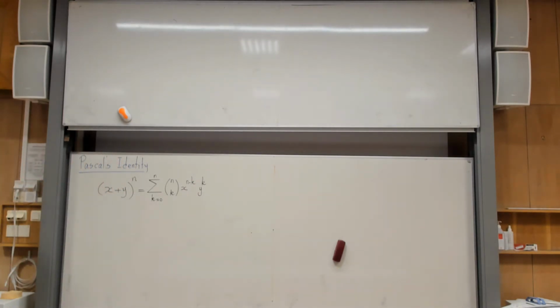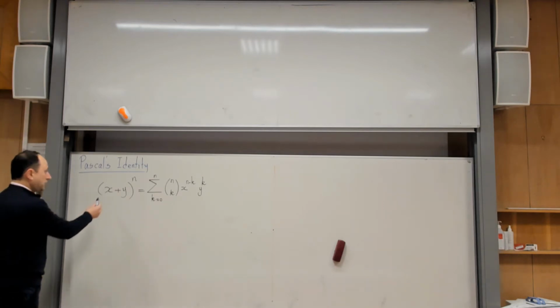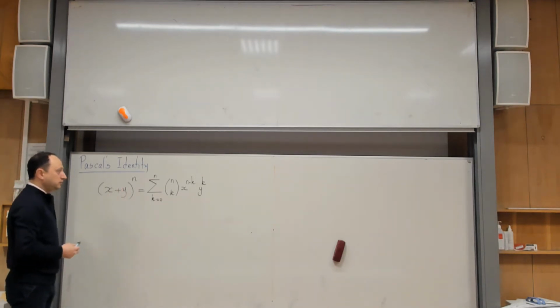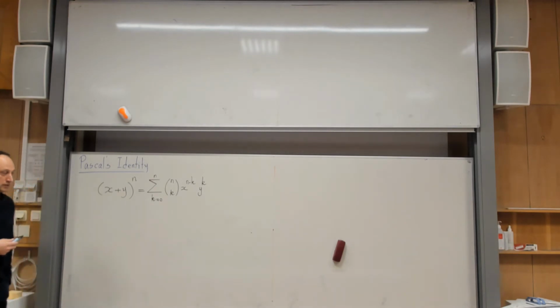So that is called the binomial theorem. It helps us to expand a binomial to any natural power, not just 2 or 3. So we can raise it to any power that we want.